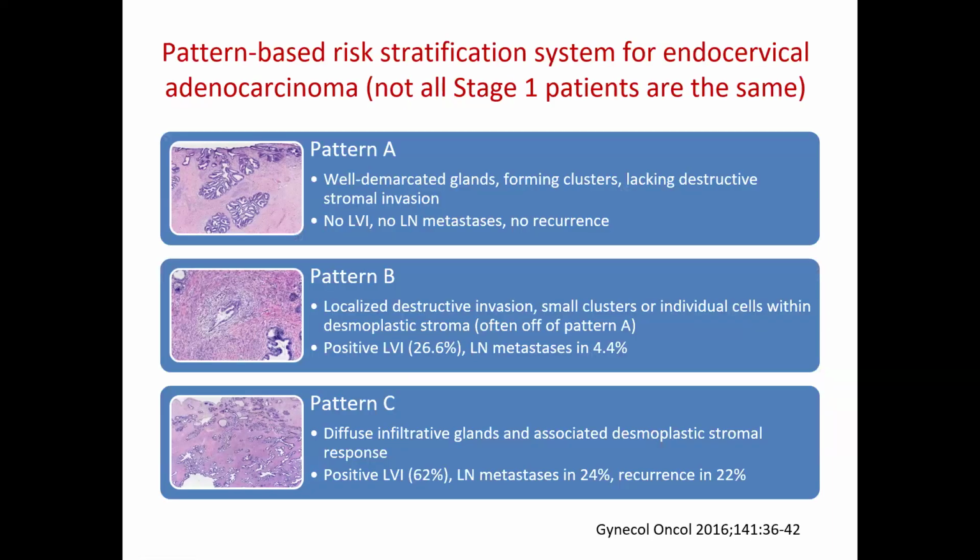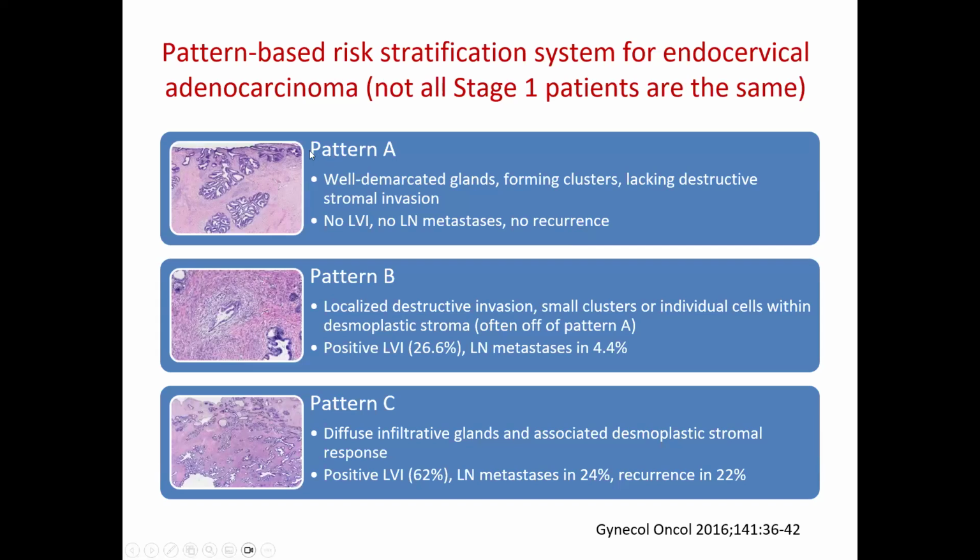You need to familiarize yourself with this classification. Again, it's in the CAP checklist. The different patterns: pattern A, B, and C. Pattern A is where you still see the nodular arrangement. The importance of that is that typically adenocarcinoma of pattern A will have no LVI, the patient will not have lymph node metastasis, and these patients don't recur.